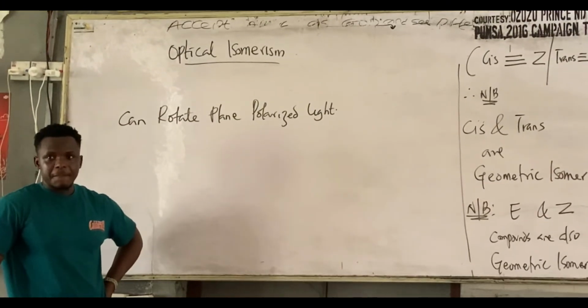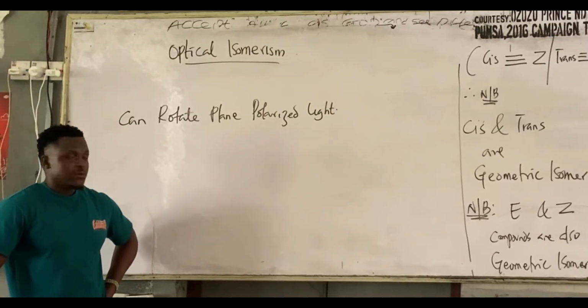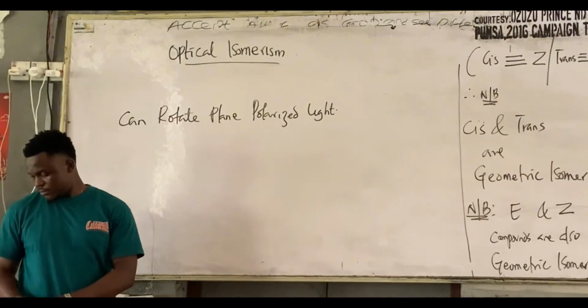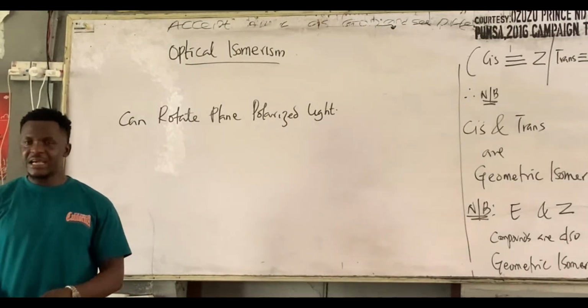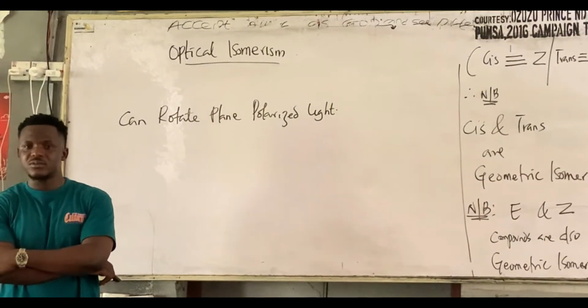Alright. For a compound to rotate plane polarized light, they must possess at least one chiral carbon.